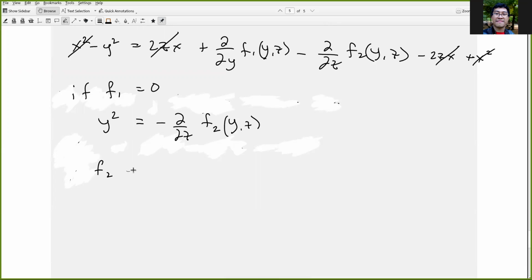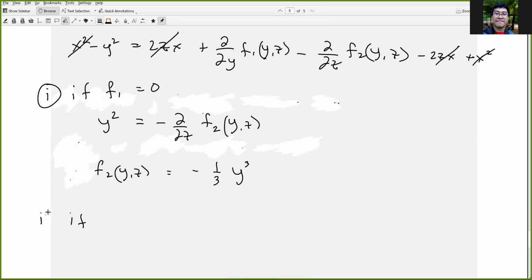F2 would be equal to negative 1/3 y cubed. Okay, so this is, let's say, one possibility.